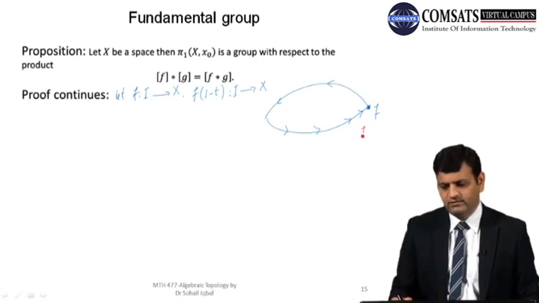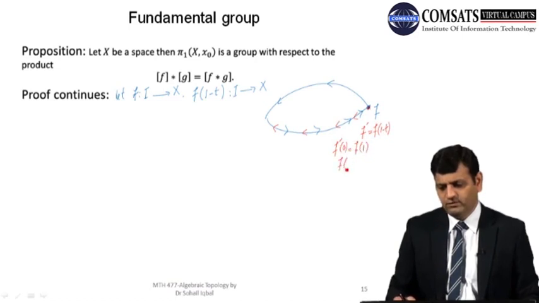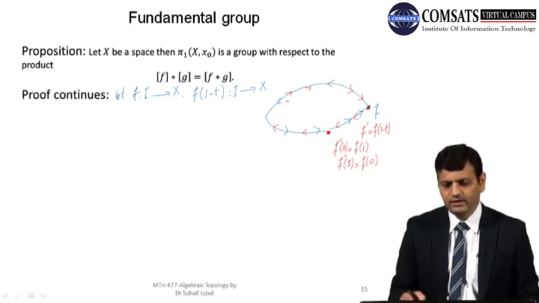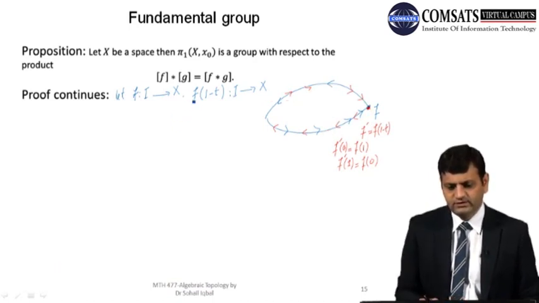So this f star or f prime, which is equal to f of 1 minus t, will start from this point and move in this direction, because what is f prime of 0? f prime of 0 is f of 1. What is f prime of 1? f prime of 1 is equal to f of 0. So the initial point is f of 1 and the final point is f of 0, so we are moving in this way. We call this function f prime.